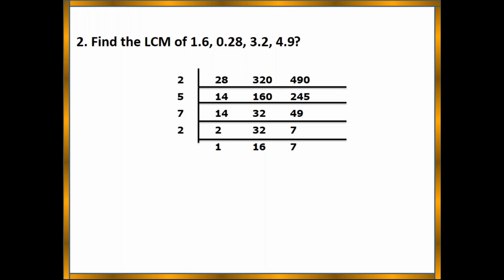You know how to find the LCM now. The product of all the factors: 2 into 5 into 7 into 2 into 1 into 16 into 7. Please spend your valuable time on the calculation. Don't lose your concentration on the calculation part. So this is completely mathematical. Why 5 divides? Because 160 and 245 are there.